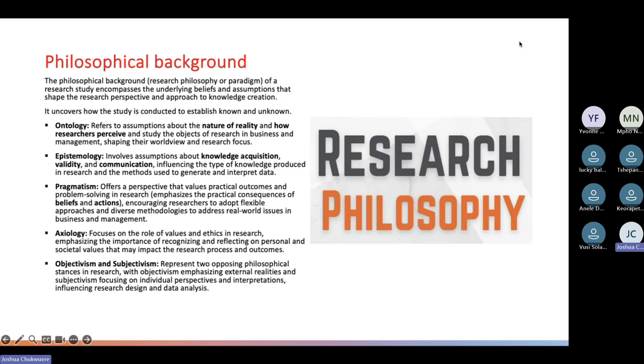So in order for you to be able to apply a philosophical paradigm to your research, there are a number of research philosophies or paradigms out there which you can always consider. And one of them is ontology, which refers to the assumption about the nature of reality. Meaning the nature of reality of the people.